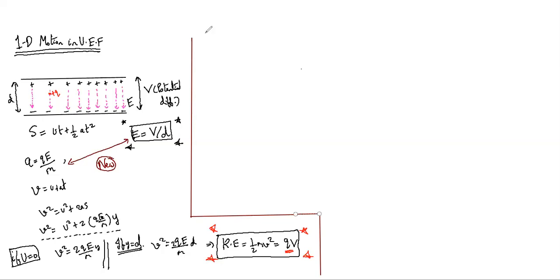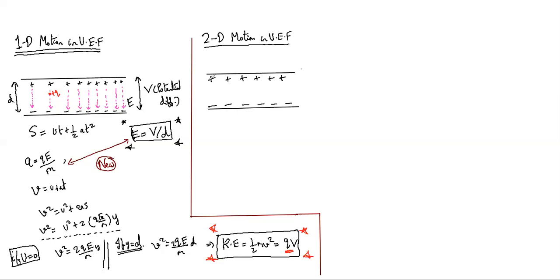Similarly, we can have 2D motion also. 2D motion in uniform electric field. So suppose we have like this, this positively charged, negatively charged.